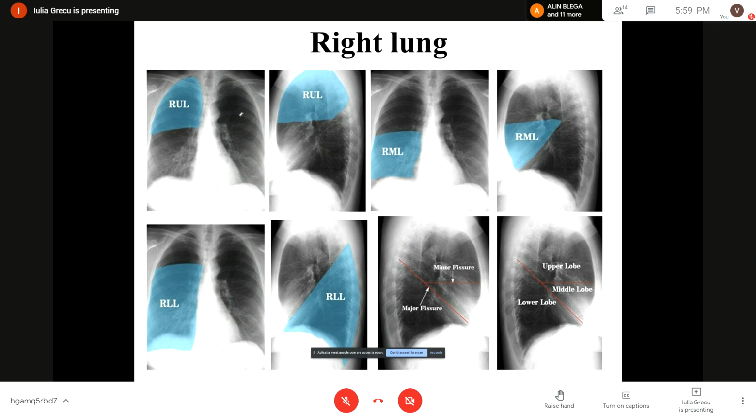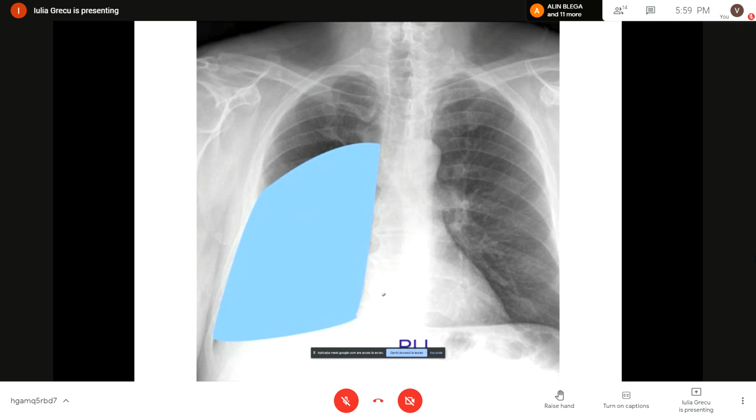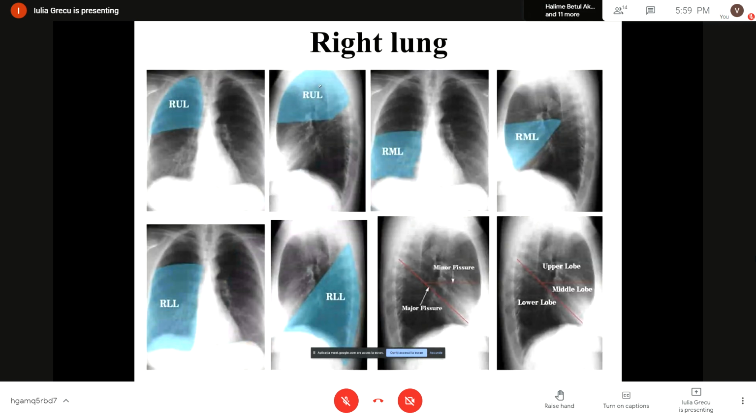If we only have the frontal X-ray, we cannot always accurately say if the lesion is in the upper or inferior or middle lung on the right, or the same thing on the left. So we need another view in order to correctly assess.